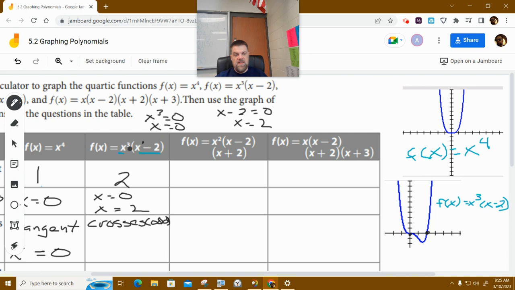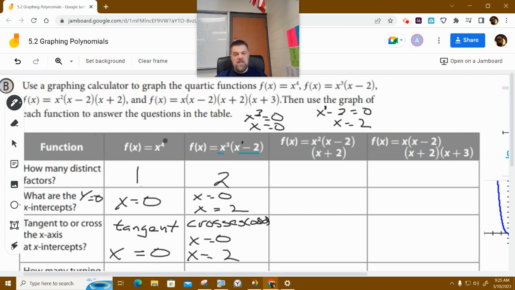Because this factor is to the power of 3, it will cross at x equals 0, right? And technically this is x to the 1, so it'll also cross at x equals 2. Now, if we compare that to this one, this is x raised to the 4th power, which is an even power, which is why it's tangent. It's always tangent when it's an even power for the distinct factor, for the zeros, and it always crosses when it's an odd power for the distinct factor. So you've got to keep track of that.